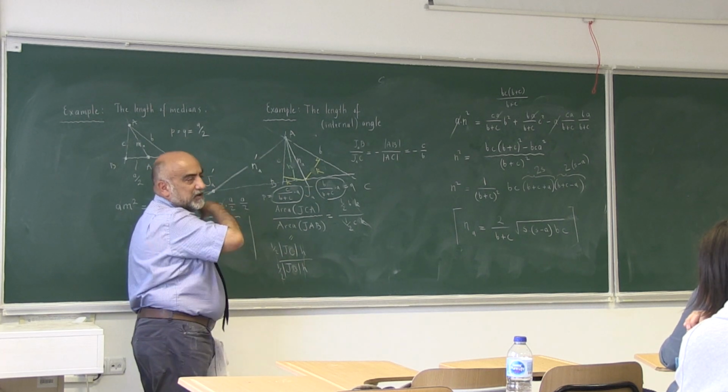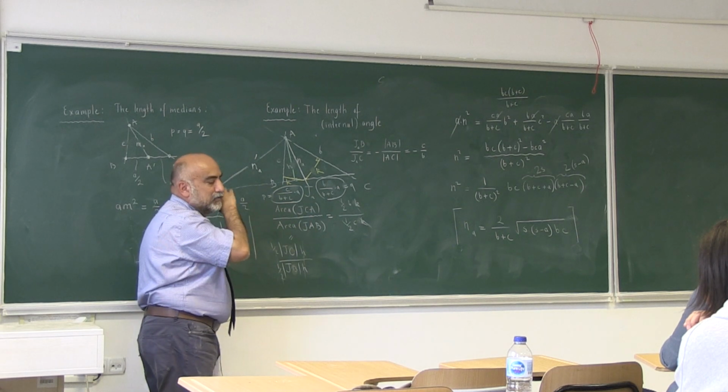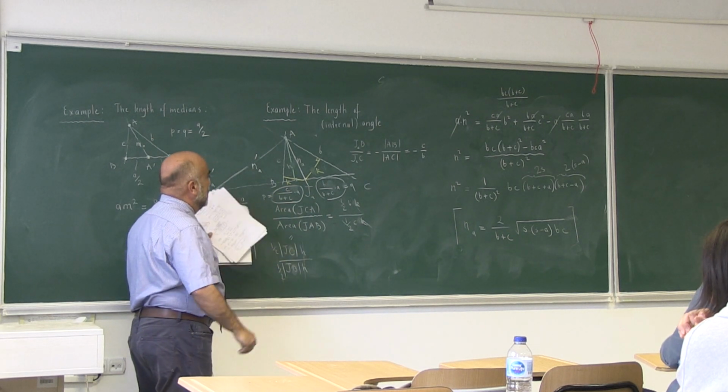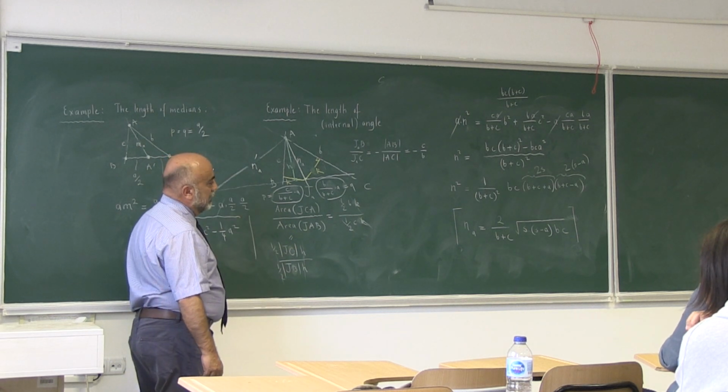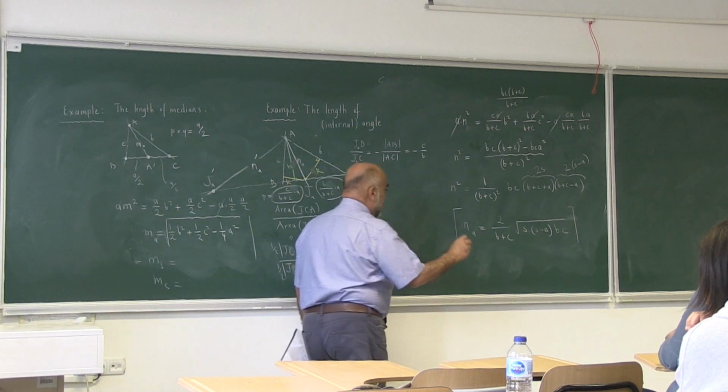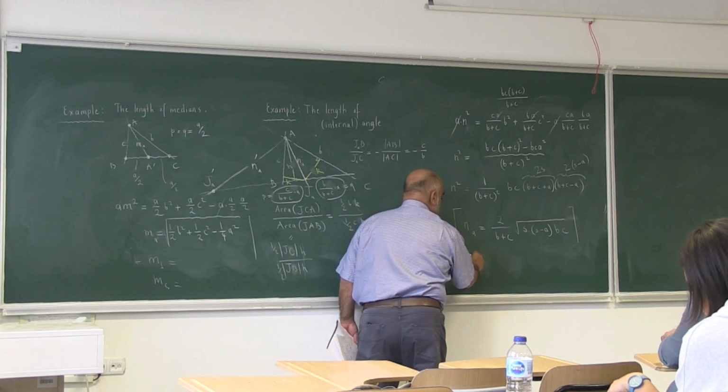So very much the same reasoning can be applied. You can find P's and Q's, etc., for the external bisector and apply the Stewart relation to obtain the following formula. I'm not going to do it, I'll leave it to you.